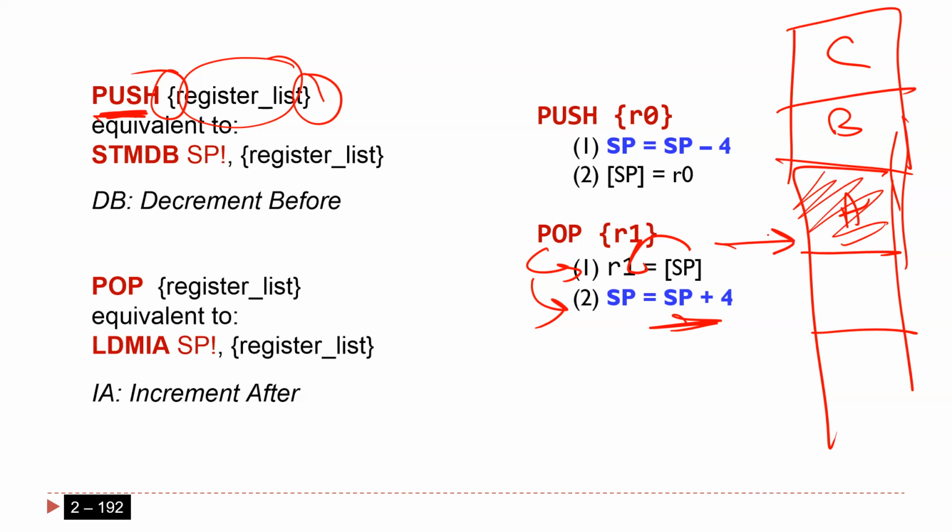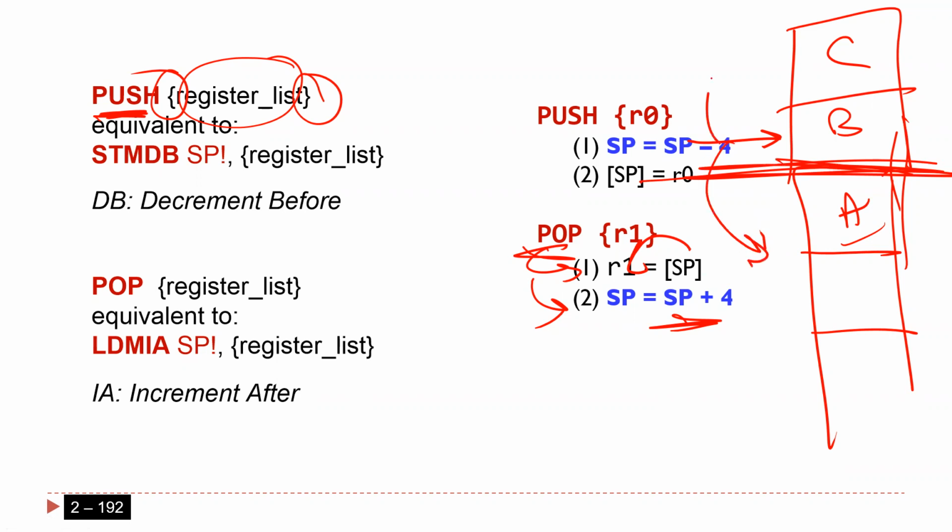Always, if you have a word, you have to put it here at the beginning address. So the stack pointer is here. What happens if I do pop here? I'm going to read the word pointed by the stack pointer, which is A, and then I'm going to increment the stack pointer by 4, so that I come here. So my stack top became here. Every time I want to write, I'm going to write here. If you want to read, it's going to go this way. Any question, guys?